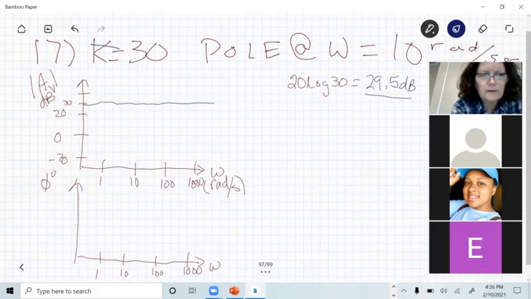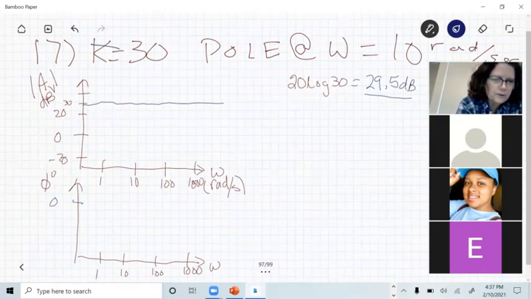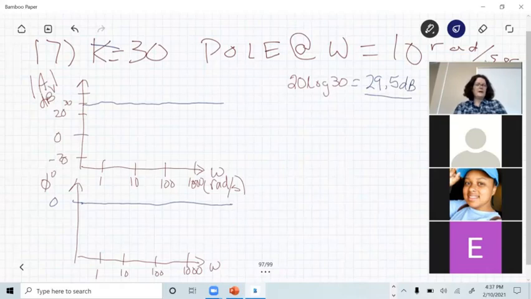That's a straight line. My phase shift for that same constant is going to be a constant at 0 degrees. Yay, I'm halfway done.